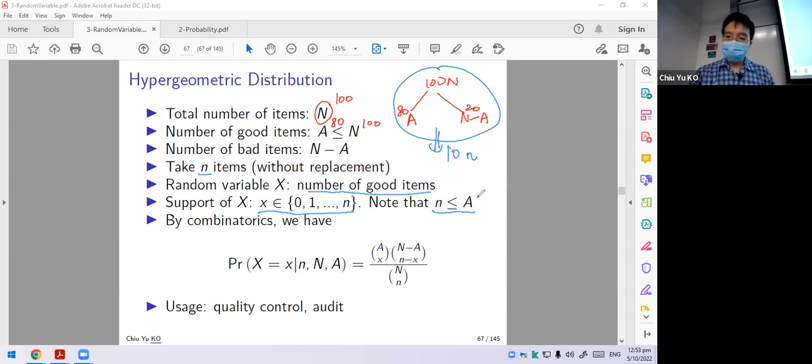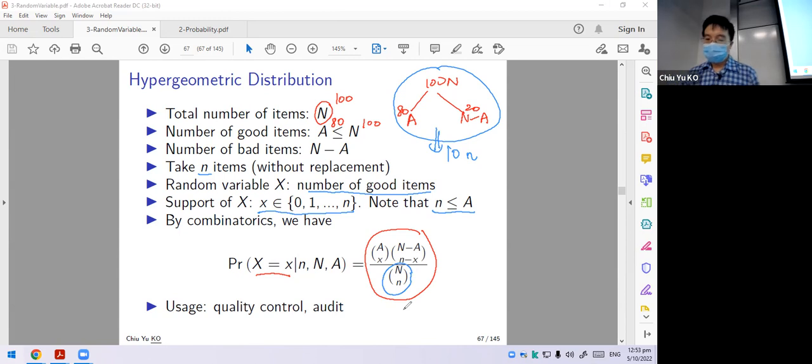So now I try to convince you that this probability is just this guy. Looks crazily complicated, but I'm trying to convince you this is not complicated. So let's see the following. First, look at the denominator. We have 100 phones, each can be numbered from 1 to 100.